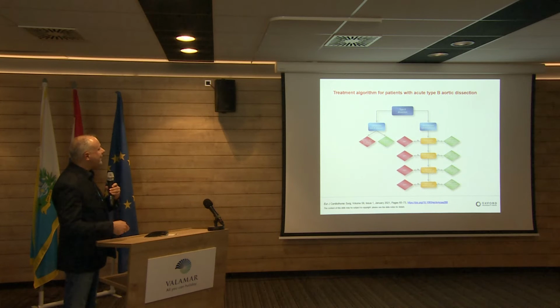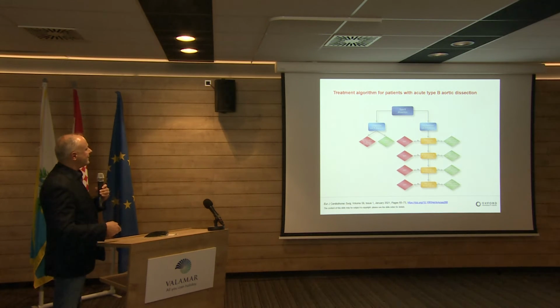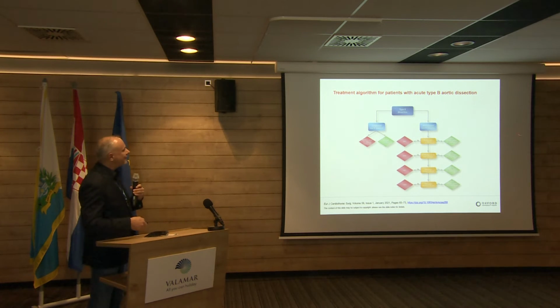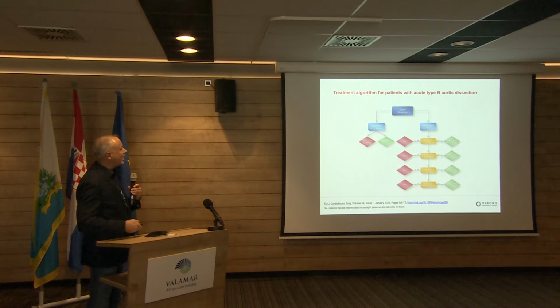So if we have complicated type B dissection, it's an indication for emergent TEVAR, but we can prolong TEVAR up to 3 months in certain circumstances that we know are connected with bad prognosis regarding aortic remodeling and poor outcomes.